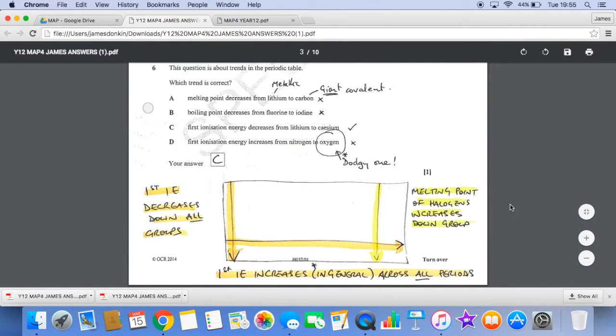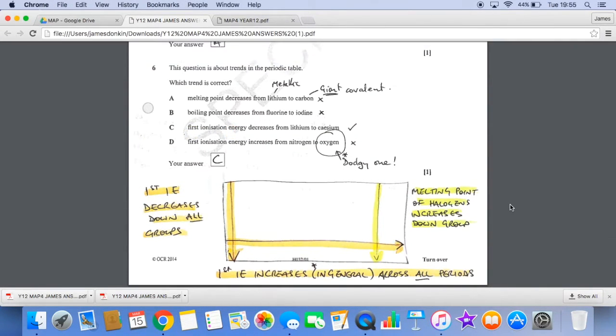Right, in fact, I'll make it quite small just so you can see the whole question and my notes here. So which trend is correct? Melting point decreases from lithium to carbon.